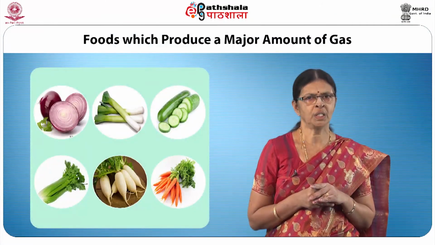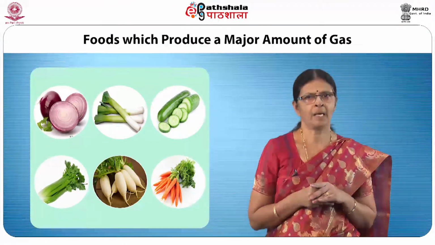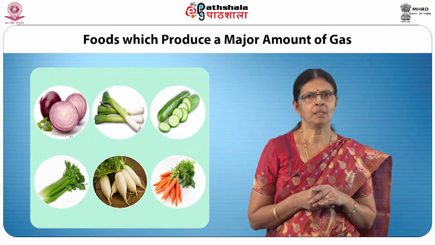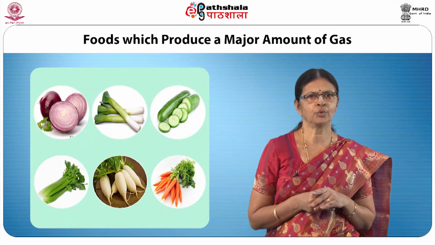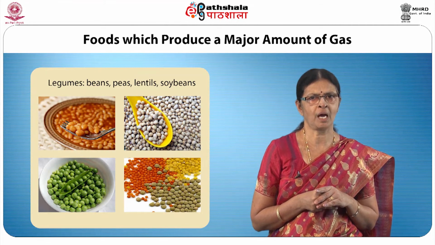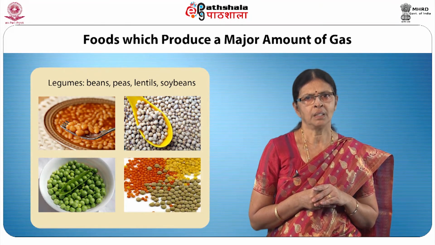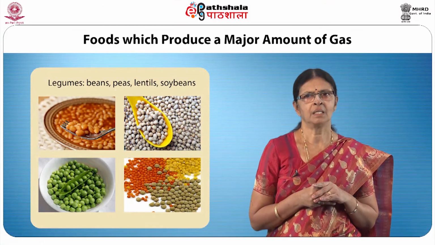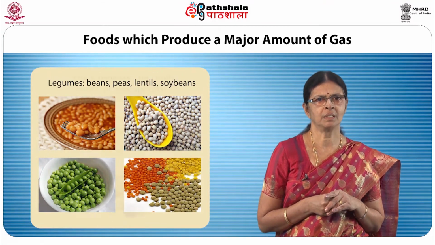The major gas producers are starchy vegetables like root vegetables, onions, potato, radish, leeks, parsnips, celery and cucumbers. Legumes containing the complex sugar raffinose in beans, peas, lentils and soybeans.